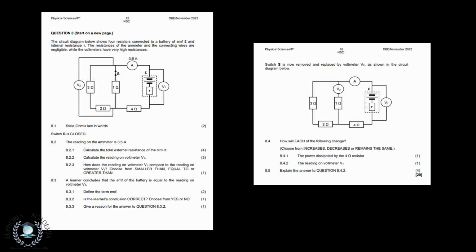I'm not going to do any AC questions today because in this question paper, it's quite easy to follow through. If you want me to do it, please comment down and we can do a revisit, of course. The whole of question 8 is out of 20 marks. So without further ado, let us get into it.